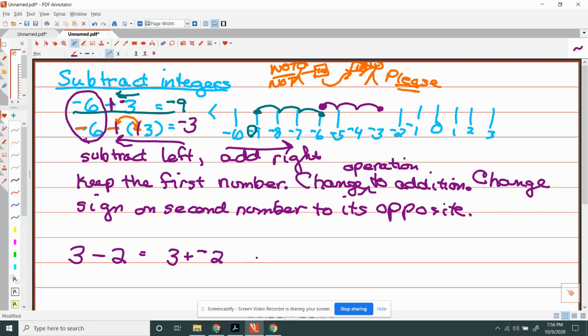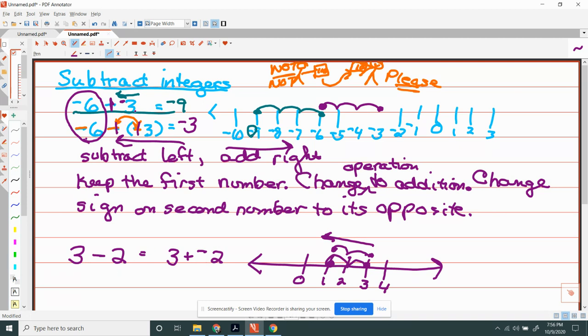So I'll make a new number line down here. 0, 1, 2, 3, 4. So if I have 3 minus 2, that gives me 1. But if I have 3 plus a negative 2, I'm still going to the left. And that's going to give me 1.